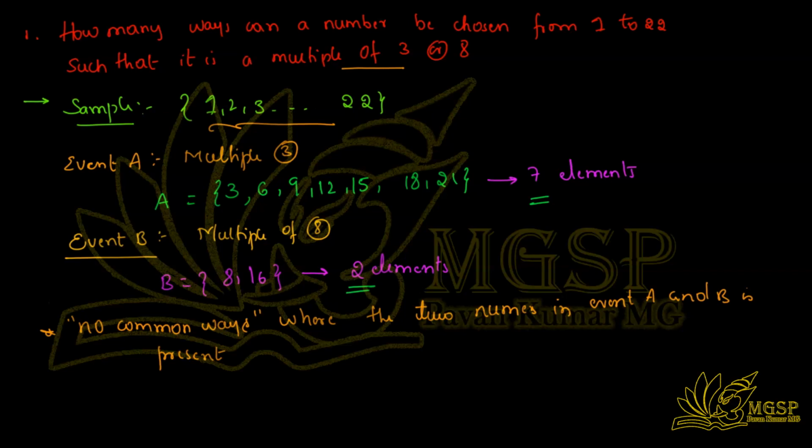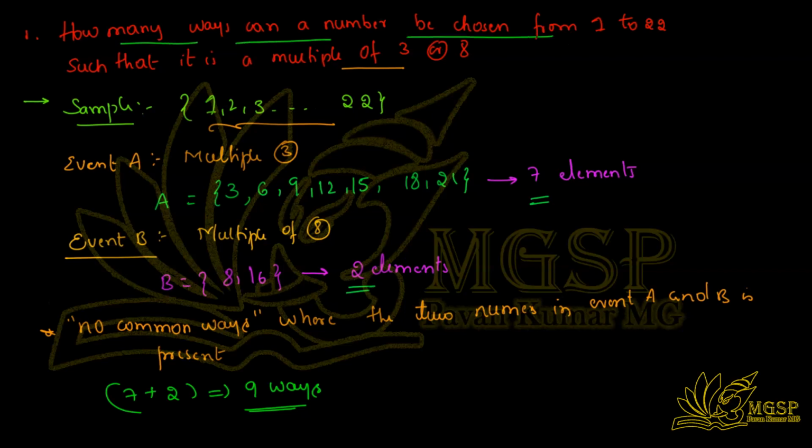So either A or B, the total number of A's is 7 plus 2. What does it give? 9. This is the number of ways you can choose from 1 to 2.